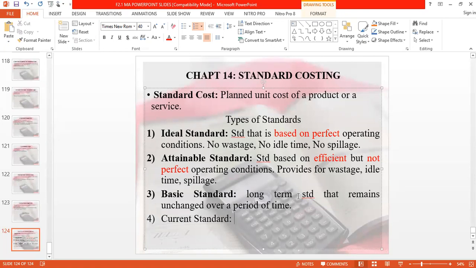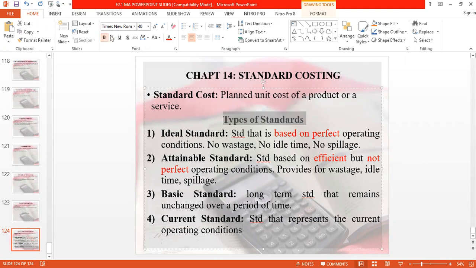These are standards that represent the current operating conditions. It's based on current efficiency levels. A standard that represents current operating conditions.